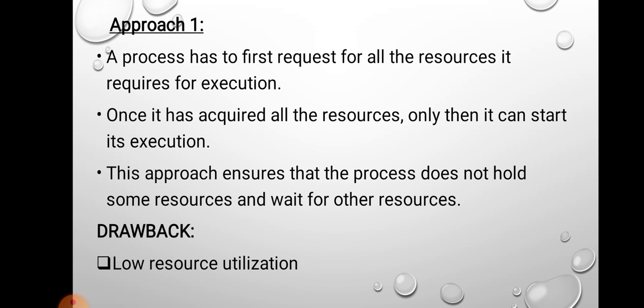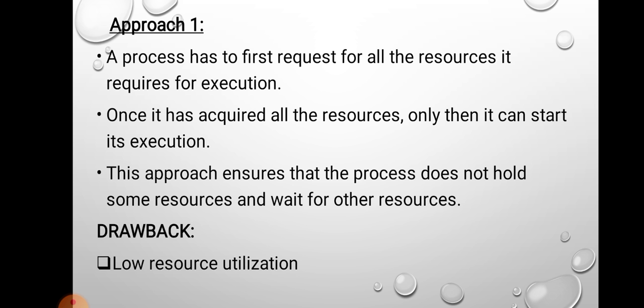In approach 1, a process has to first request all the resources that it requires for its execution. Once it has acquired all the resources from the computer, only then is it going to start its execution. Clear? What is it going to do in the first approach?